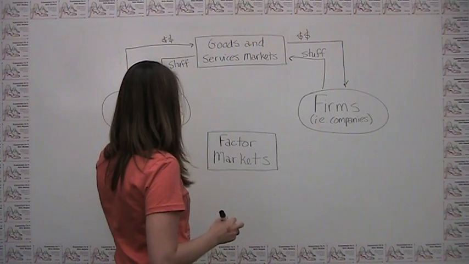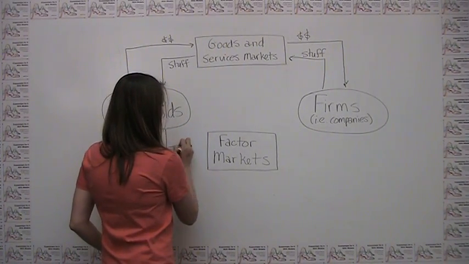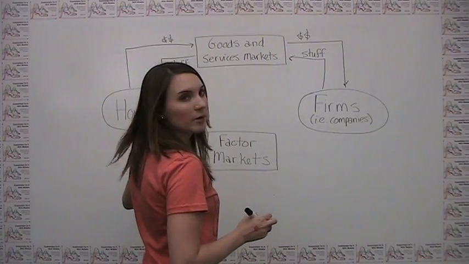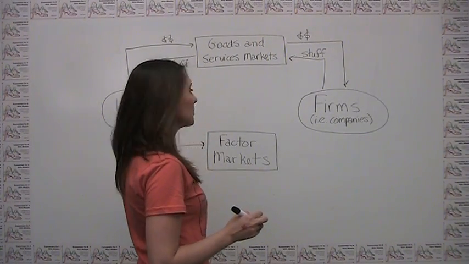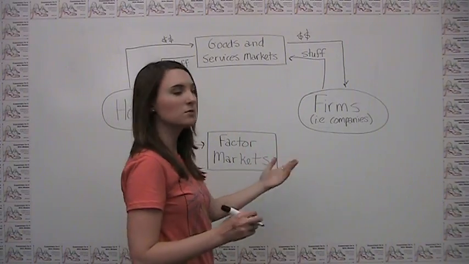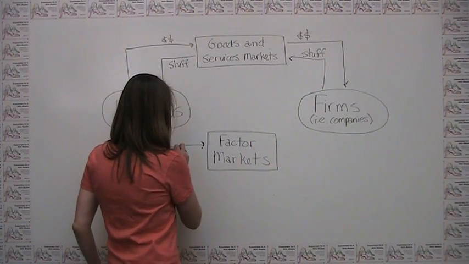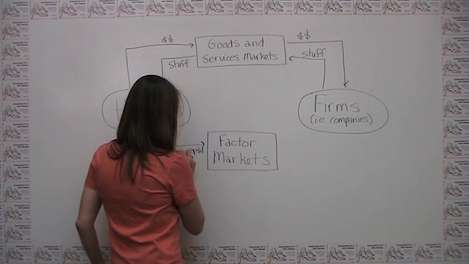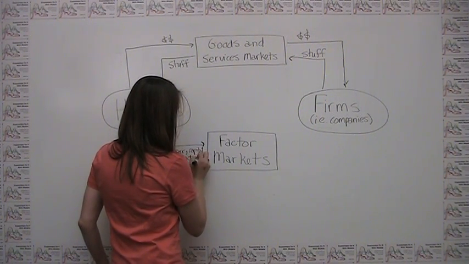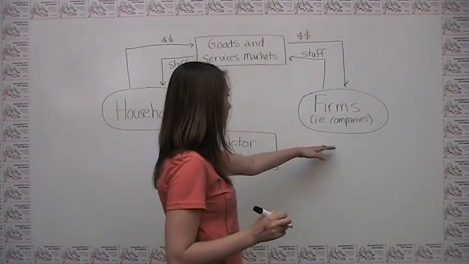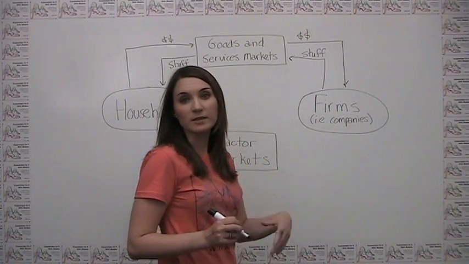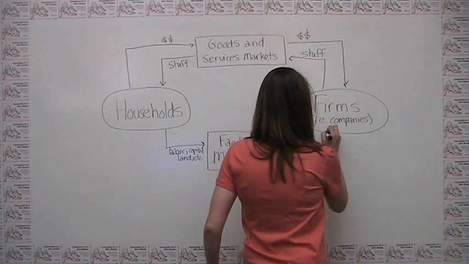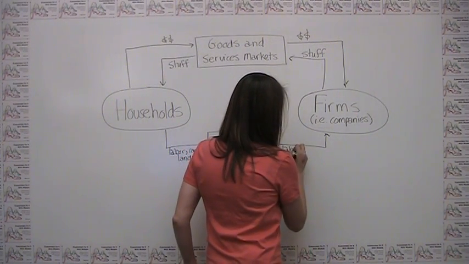Again, because we have the households supplying the factors of production, we have labor, land, and capital going from the household to the market. Let's call that labor, capital, land, etc. And then we have the firms on the receiving end of these factors of production. So we can put labor, land, and capital going like this as well.